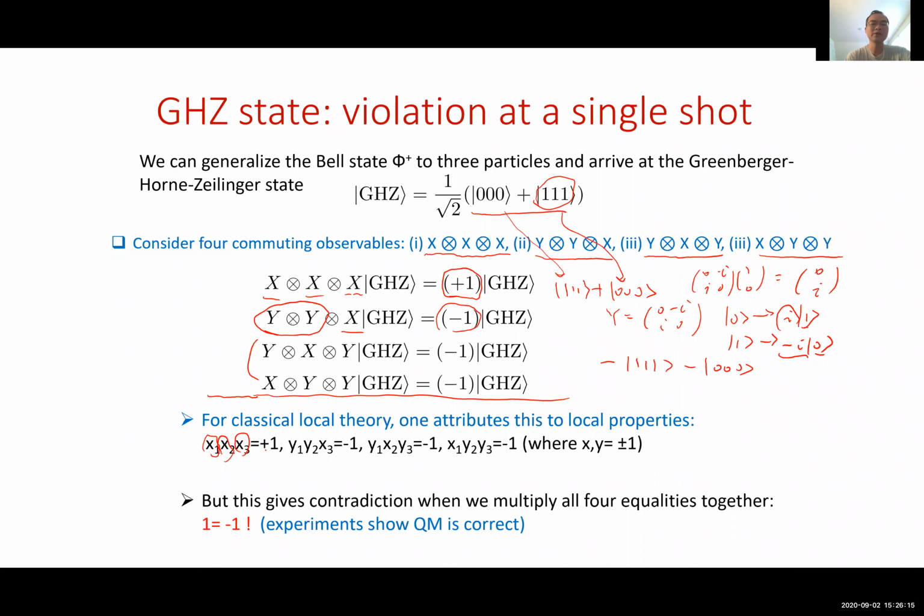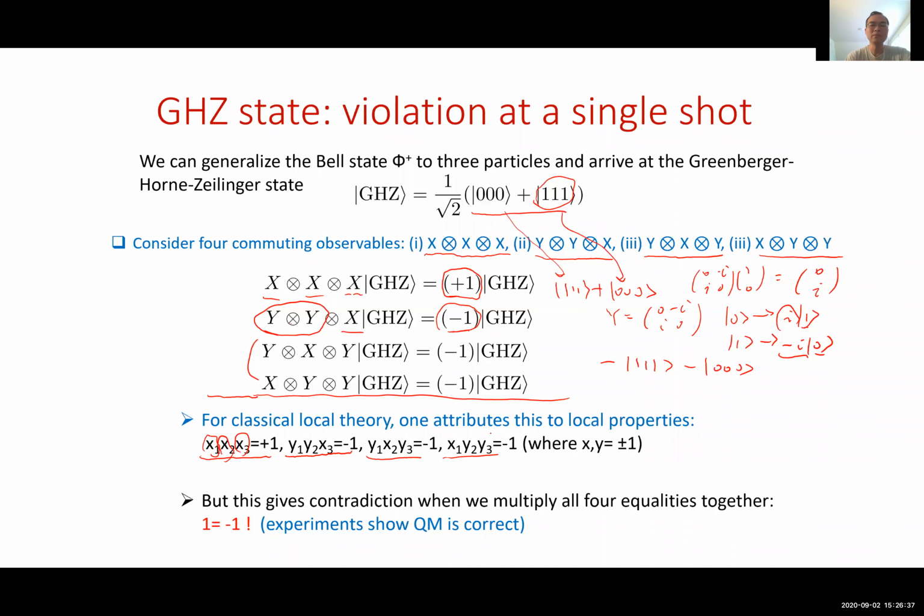They are not operators, they are just values. In order to explain this correlation using classical theory, I have to assign 3 variables, x1, x2, x3, that multiply to plus 1. I need to also have y variables, right? y1, y2, y3, multiplying to minus 1, etc.